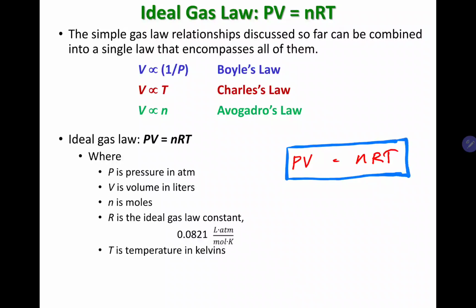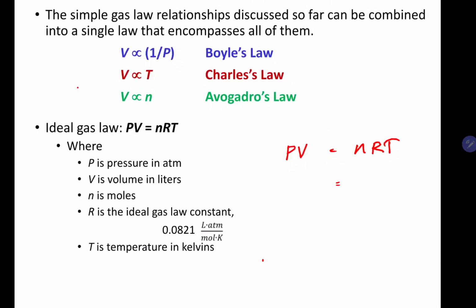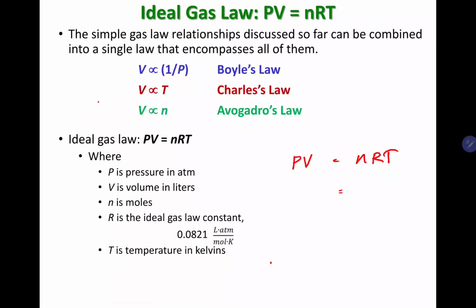Sometimes, of course, you may not know the number of moles. Instead, people might give you the mass of a gas. If that happens, you use the equation n equals mass divided by molar mass.